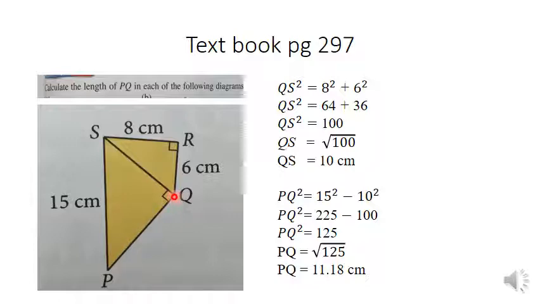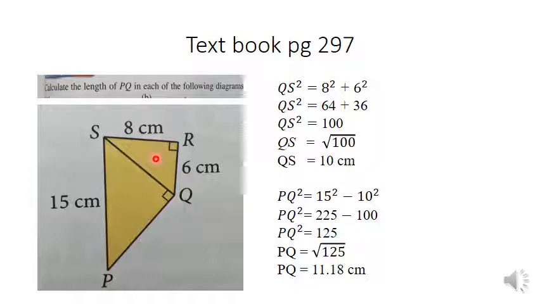You cannot find the length of PQ because you do not know the length of QS. So, before you find the length of PQ, find the length of QS first. To find the length of QS, use the small triangle.